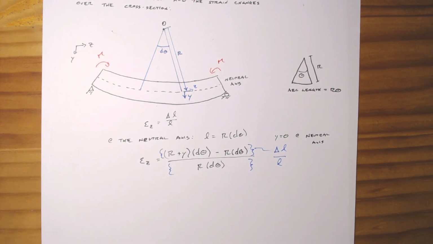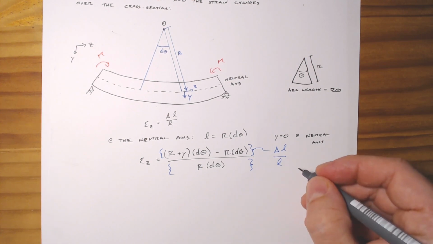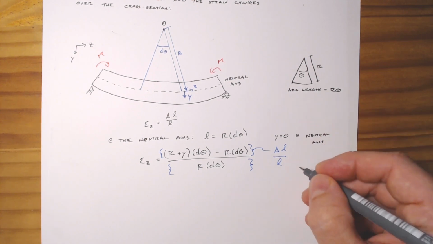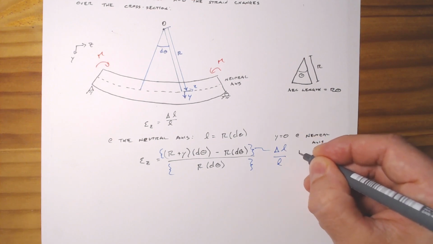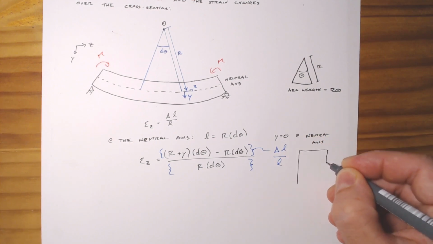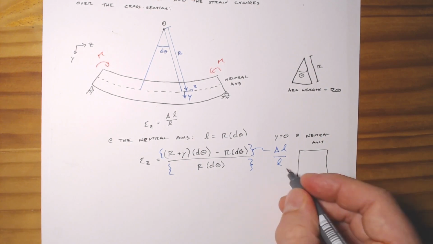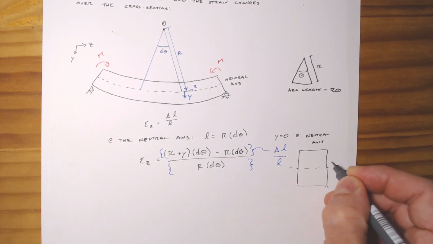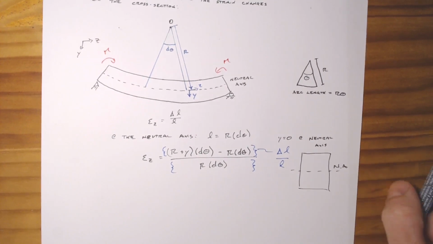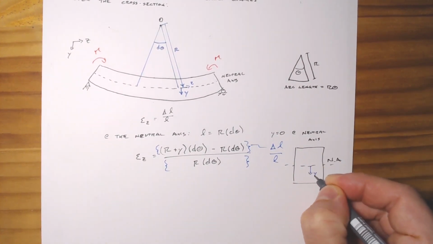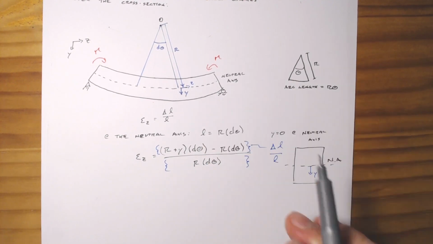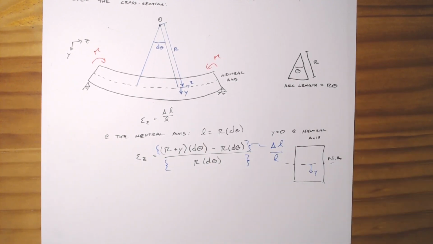So if we do a little bit of calculus. Oh, and maybe for the sake of this, y is at the neutral axis, I'll draw you a cross section here too, just so we have the neutral axis, and y is going this direction, just like we have there.